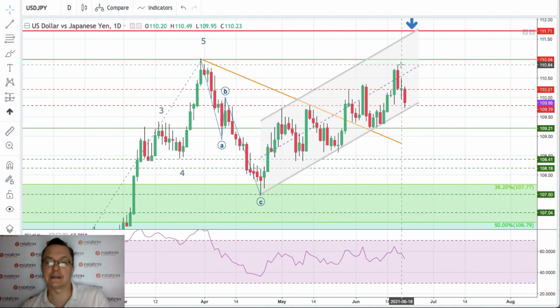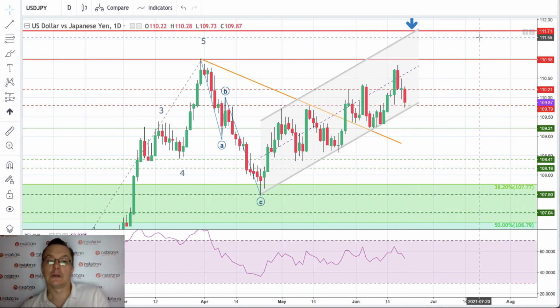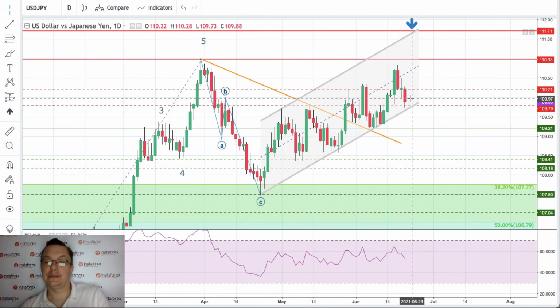Looks like a double zigzag to me, which is A, B, C, X, A, B and C maybe, but as long as it is being traded inside of this channel, then of course bulls can still try this move to the upside towards 109.98 or the key technical resistance 111.71. Overall, it is corrective.